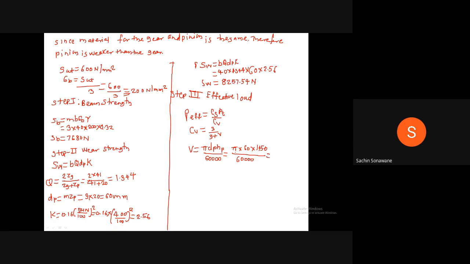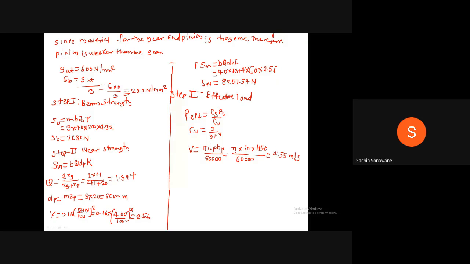In meter per second we are going to get speed. 4.55. Yes, correct. 4.55 meter per second.